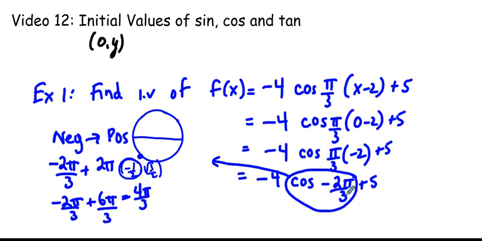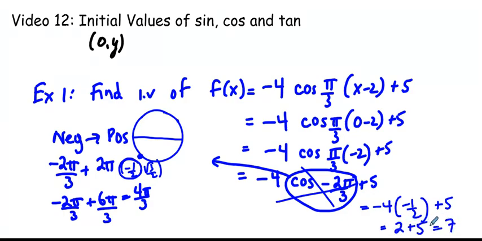I don't have -2 pi over 3 on my unit circle, so I changed it into a positive value. They're equivalent. And then I went to my unit circle and I got the cosine. So now all of this gets replaced with -1/2. -4 times -1/2 is 2, plus 5, the initial value is 7.